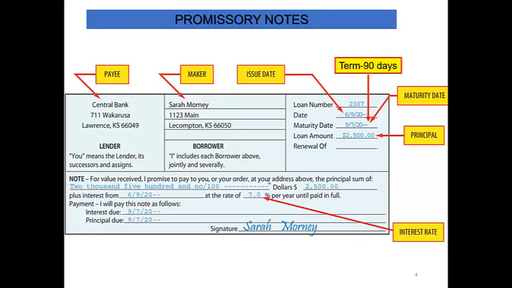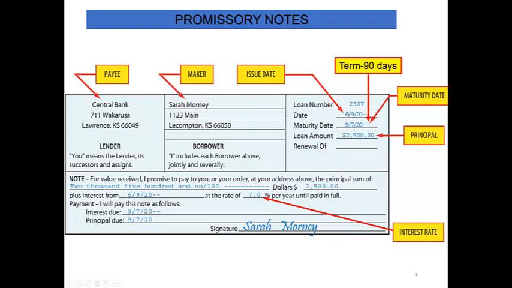Okay, here is an example of the note. Now, a note doesn't exactly have to look like this, but all the elements of the note should be listed on it. So here we have the payee, which happens to be Central Bank. The maker of the note is Sarah Morney. She is the person promising to pay Central Bank.